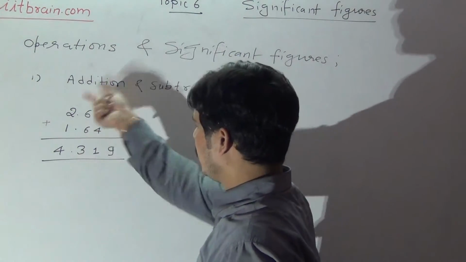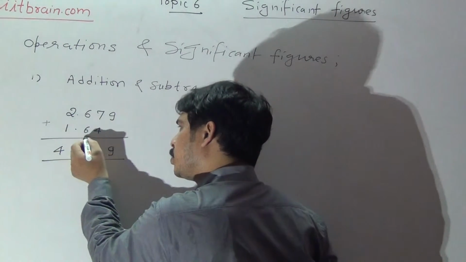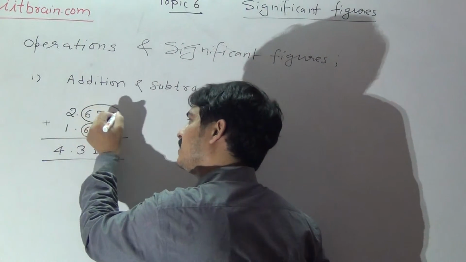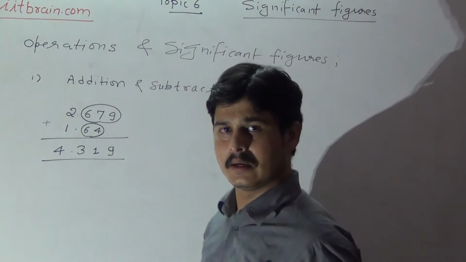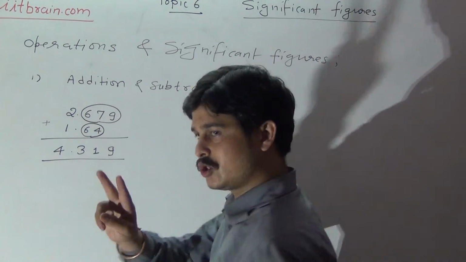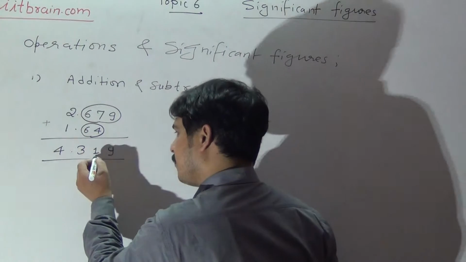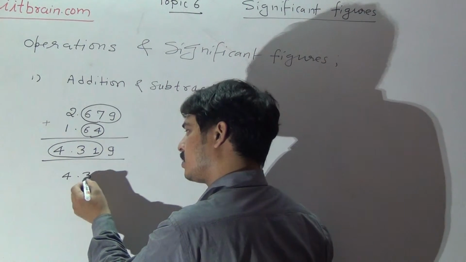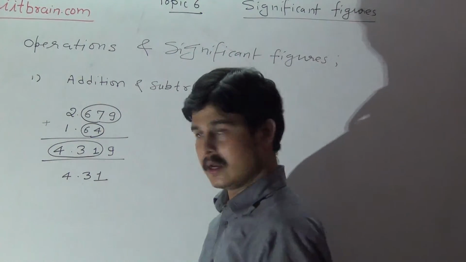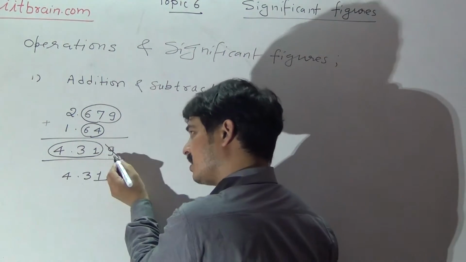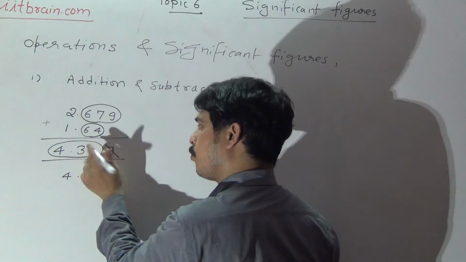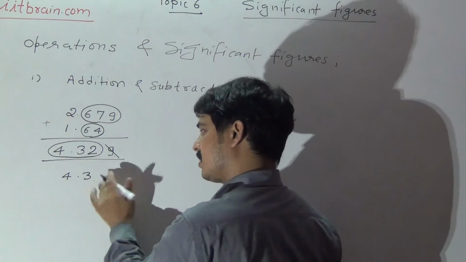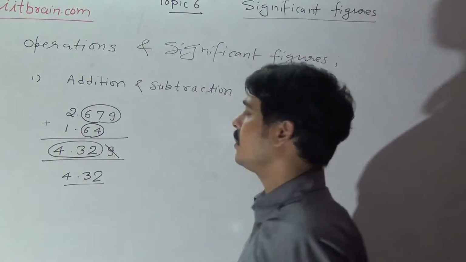The two numbers which we have to add contain respectively 3 and 2 places after the decimal, and the minimum of 2 and 3 is 2. So your answer will be valid up to 2 places only. So up to significant figures, the answer of this addition will be 4.31. You can cancel this 9, and since it is more than 5, you can make 1 as 2. So the answer will be 4.32.